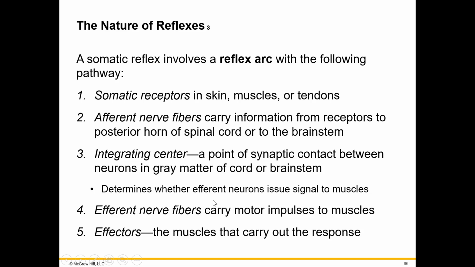They determine whether efferent neurons issue signals to the muscles. The efferent nerve fibers carry motor impulses to muscles, and the effectors, these are the muscles that carry out the effect. They carry out the response.